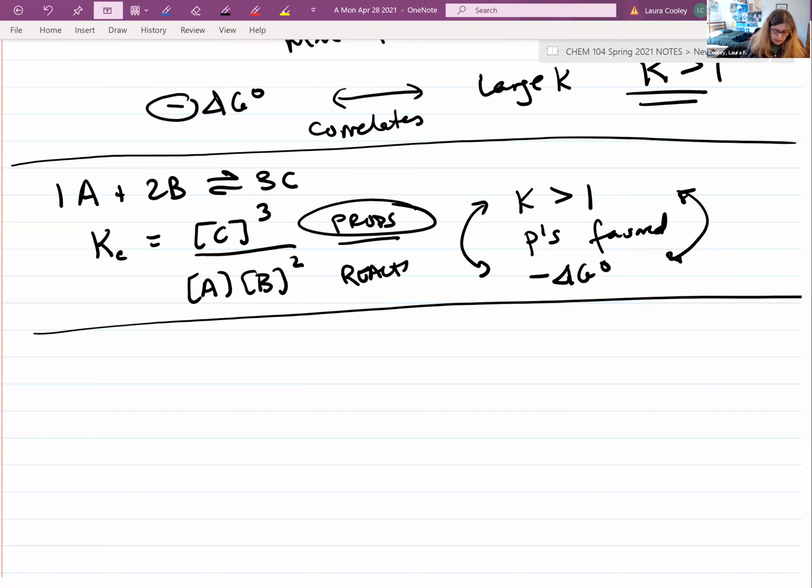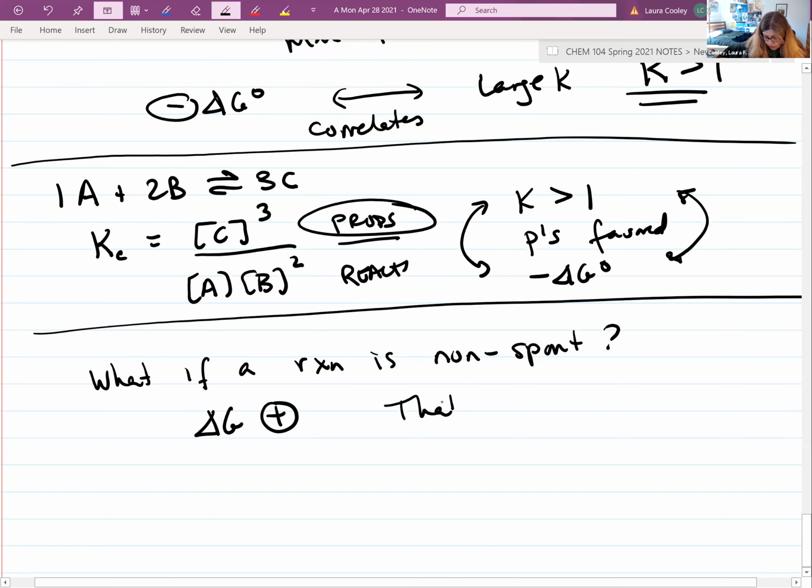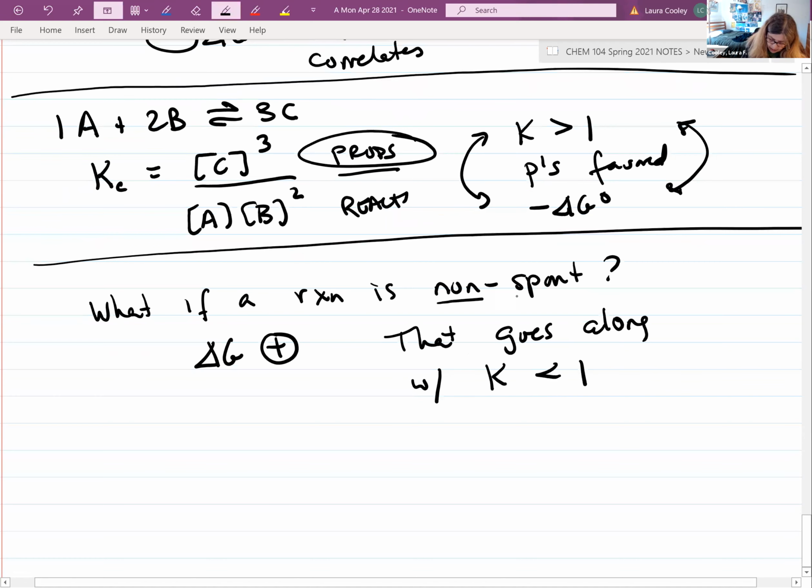Okay. So the other thing, of course, that can happen is, what if a reaction is non-spontaneous and we have a positive delta G0? Well, that goes along with a K value that's less than 1, right? This means it's not spontaneous.